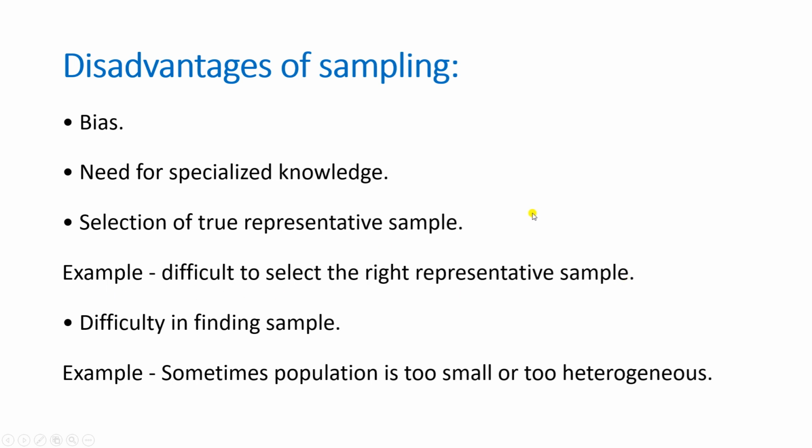Suppose, as I mentioned, I am talking about diastolic blood pressure. I want to know how many hypertensives are there. Say I have selected a few students in my sample who are on antihypertensive drugs. So that means they are actually hypertensive, but their blood pressures are controlled because they are taking some drug.